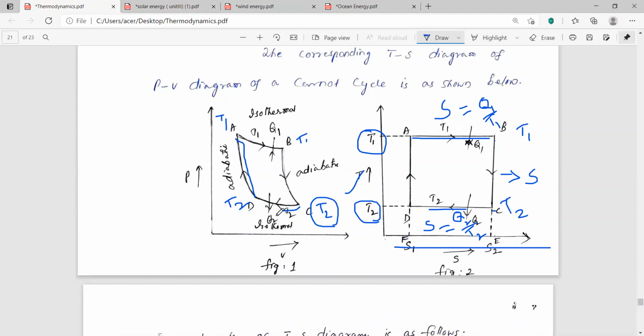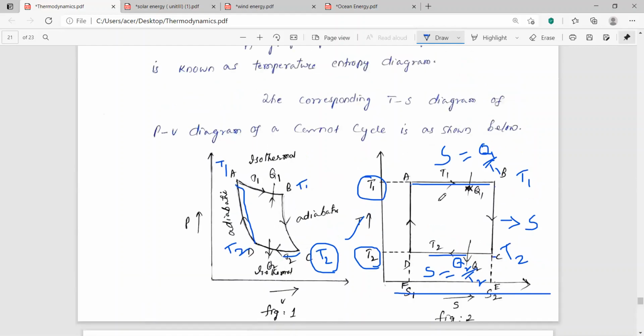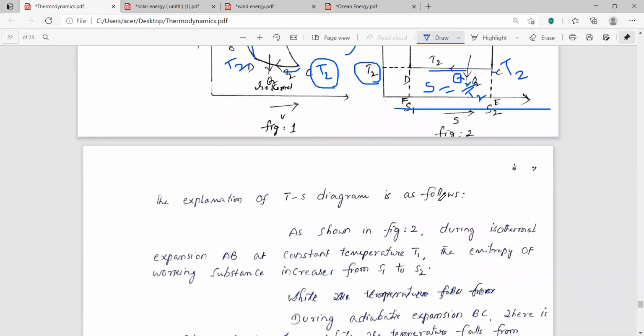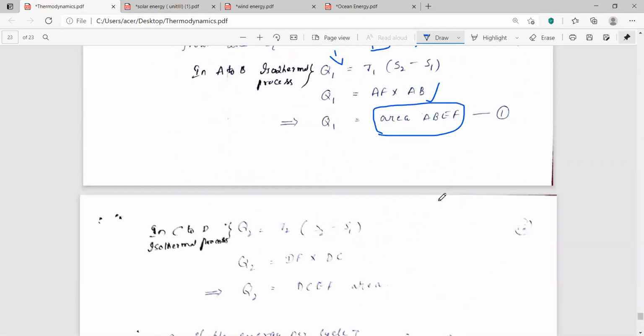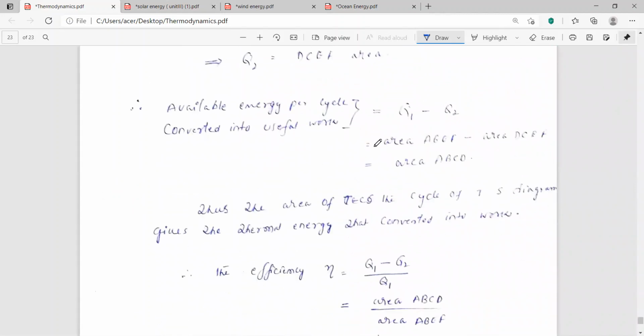From the isothermal compression, Q2 equal to the area of DCEF. Now, the amount of energy converted into work can be written as Q1 minus Q2, as you well know from learning about the heat engine.